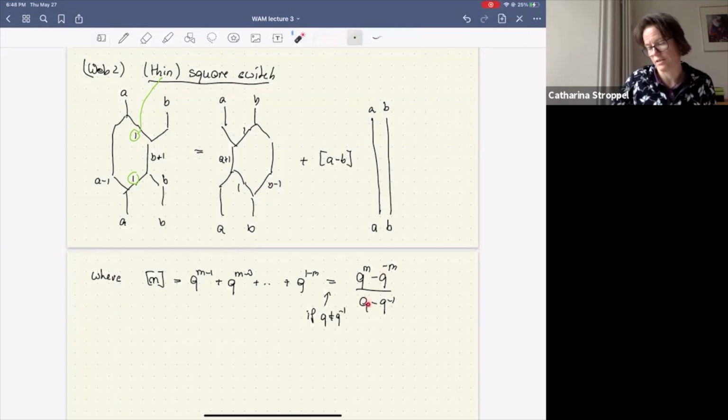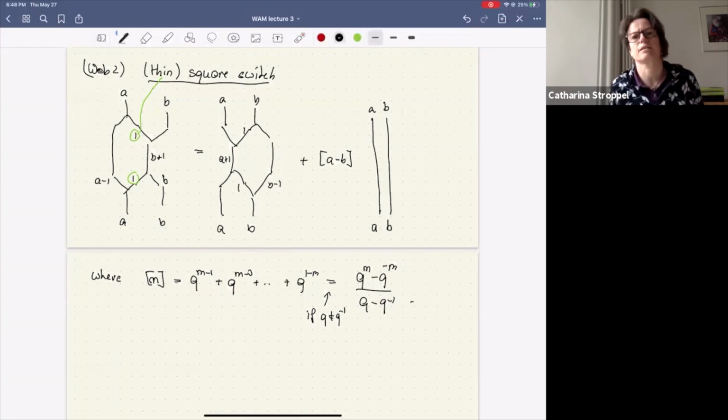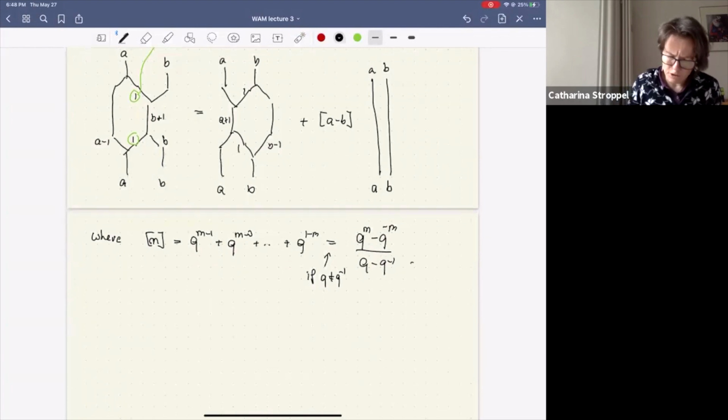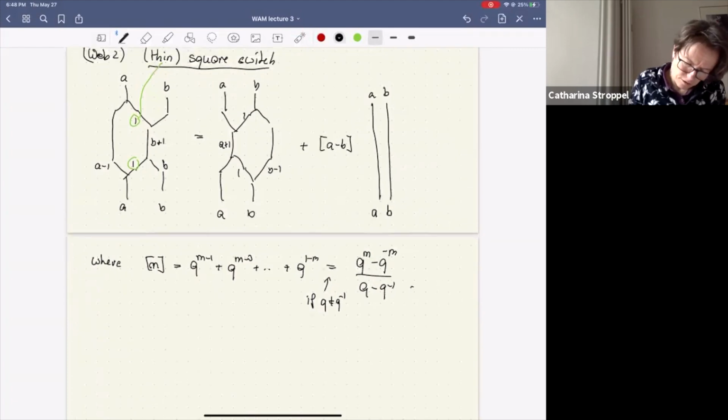Otherwise, this expression does not make sense, but this always makes sense. So this is either a polynomial or Laurent polynomial in Q, or it's a scalar, something in complex numbers. And if Q is an integer, then this is of course an integer. And often one writes more sloppily this relation.